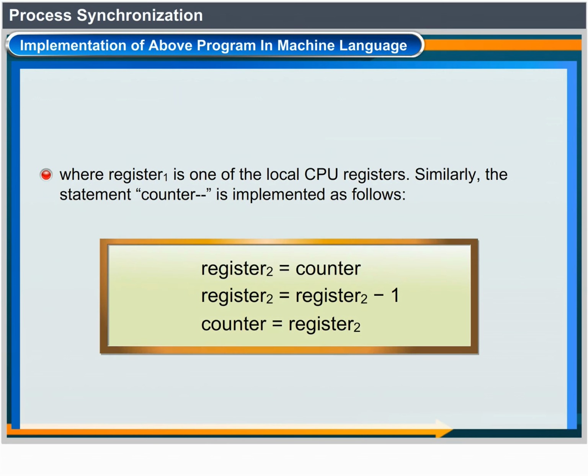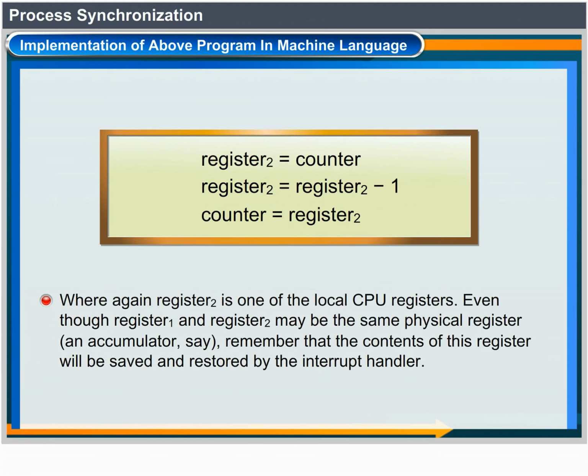Similarly, the statement counter-- is implemented as follows: register2 = counter, register2 = register2 - 1, counter = register2, where again register2 is one of the local CPU registers.